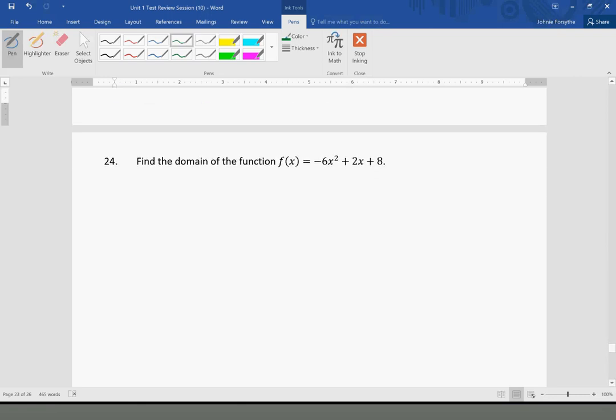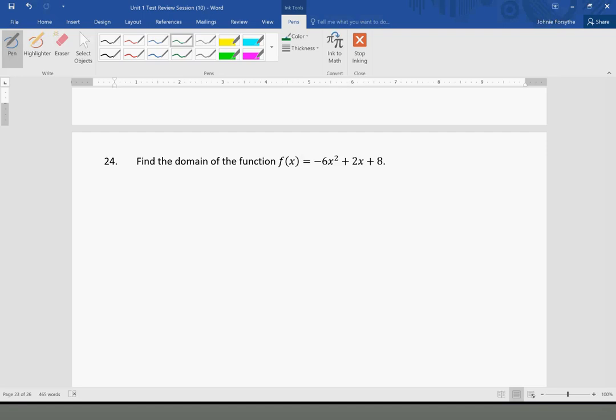All right, so now find the domain of the function. So we have a couple examples of this. Algebraically, to identify the domain, you've got two scenarios you want to look out for. One scenario is if you have a variable in the denominator. We never want the denominator to equal 0. So if there's ever a chance that the denominator could equal 0, we want to exclude those values from the domain.